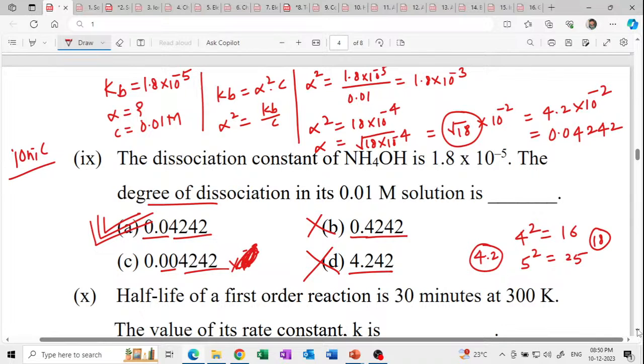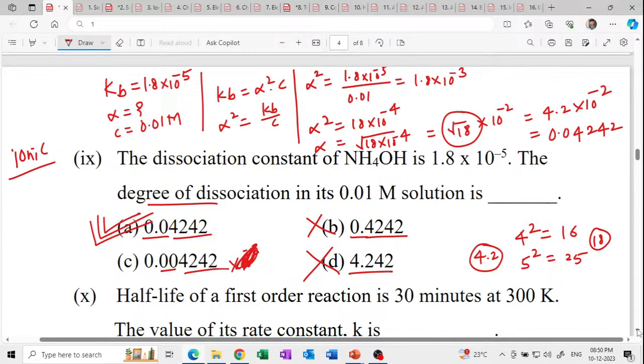So K is equal to 0.693 divided by T half. On substituting the value, we get 0.693 divided by T half, which is 30 minutes.